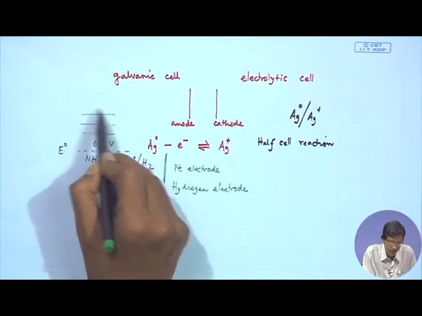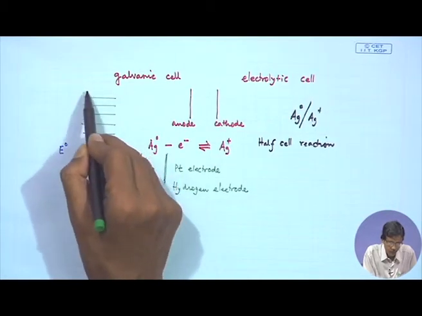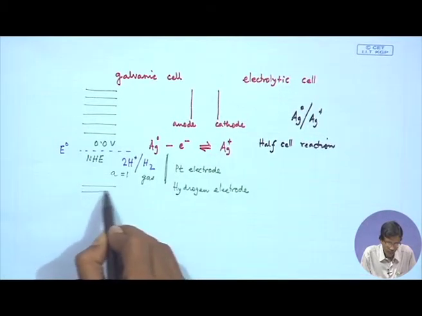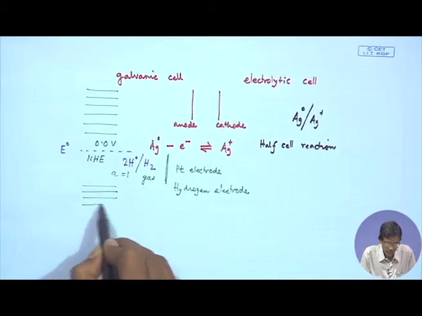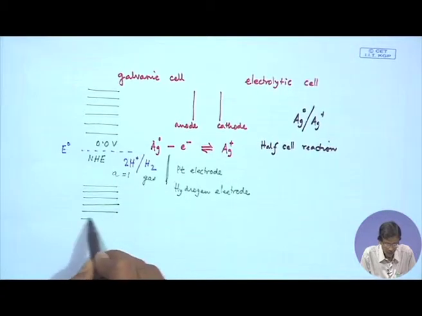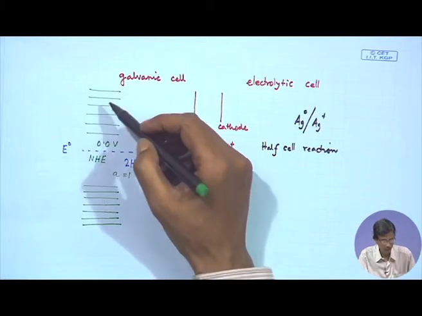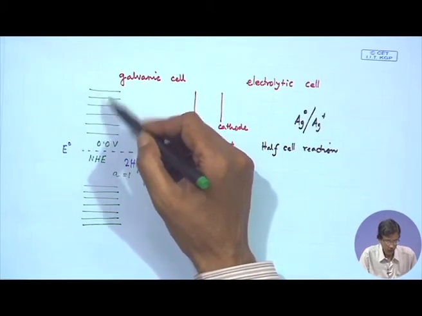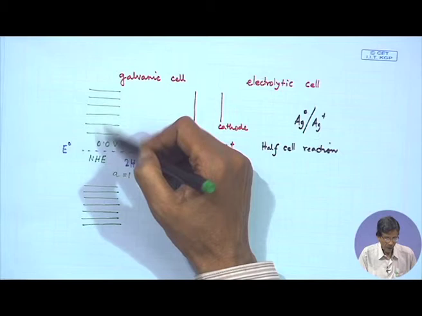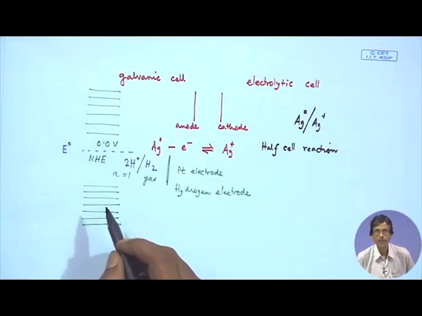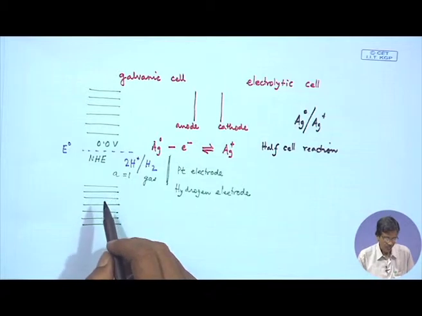That means whether the species has more or less electron transfer tendency compared to the hydrogen electrode. That is why some of these metallic species or other non-metallic species will be above the hydrogen electrode or below the hydrogen electrode, depending upon their tendencies for oxidation or reduction reactions.